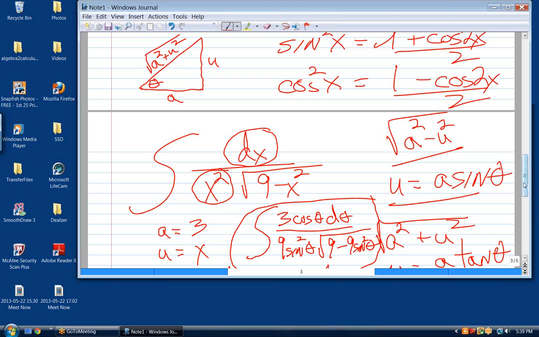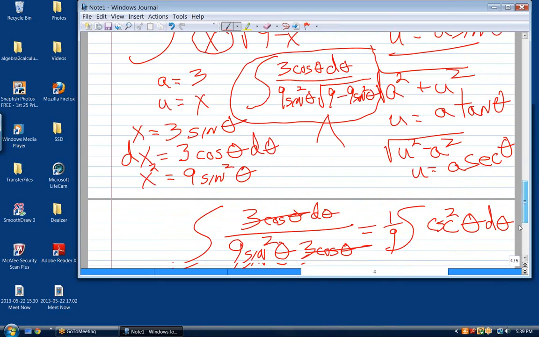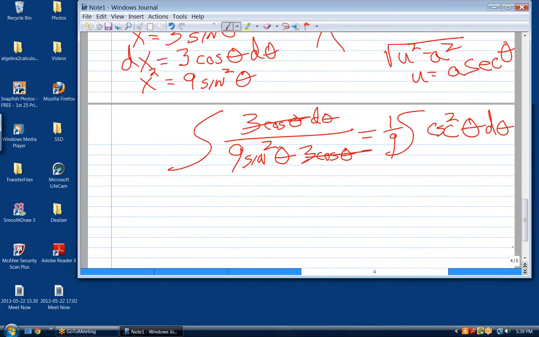The integral of cosecant squared of theta is negative cotan of theta. So what we have here is minus 1/9 cotan of theta. Is it cotan squared?